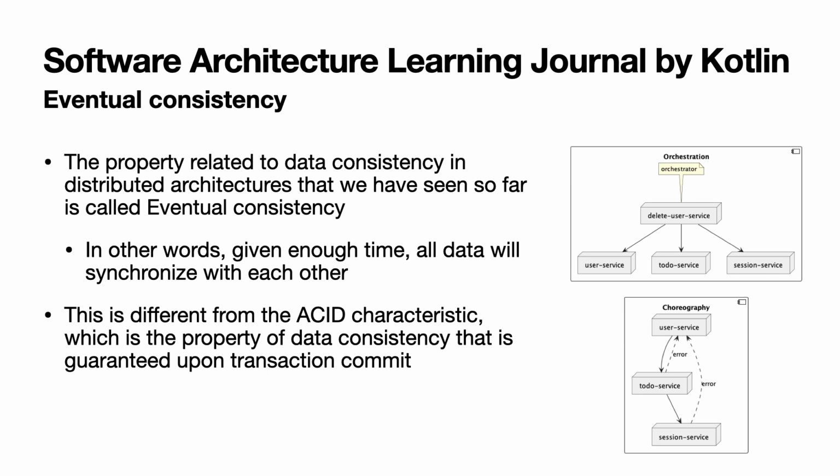This differs from the property of data consistency guaranteed by transaction commits, known as ACID properties. Please note that the examples we've discussed so far ensure eventual consistency, not ACID properties.